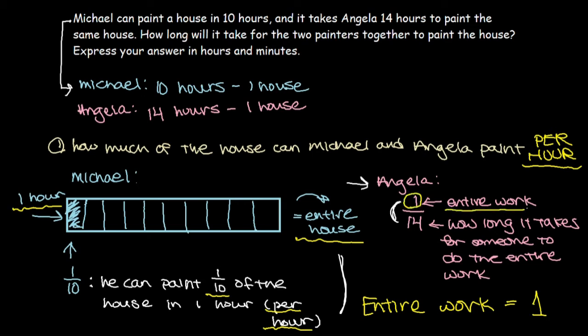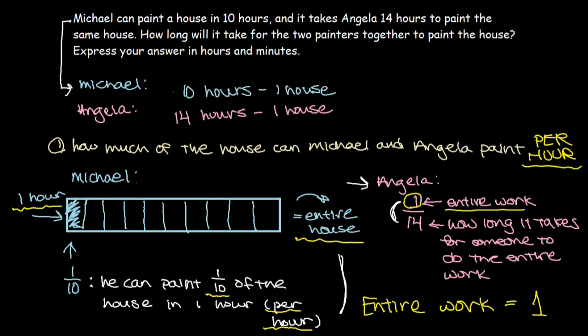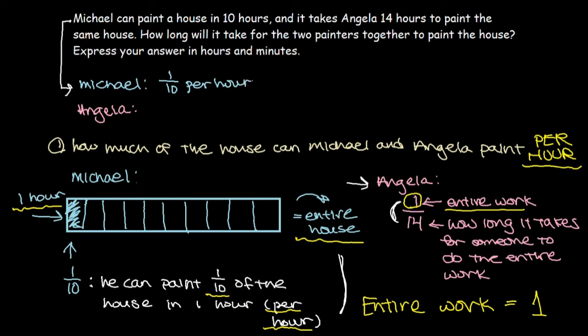So we already figured out how much work Michael and Angela can do. Instead of having this information here, you can simply write that Michael can do 1/10 of the work per hour, and Angela can do 1/14 of the work per hour.